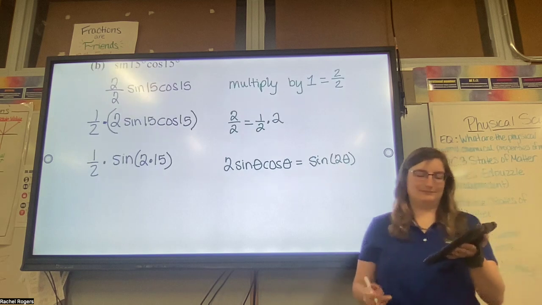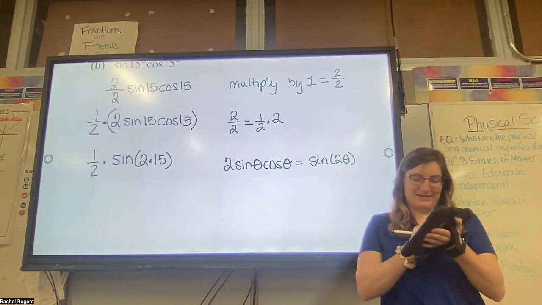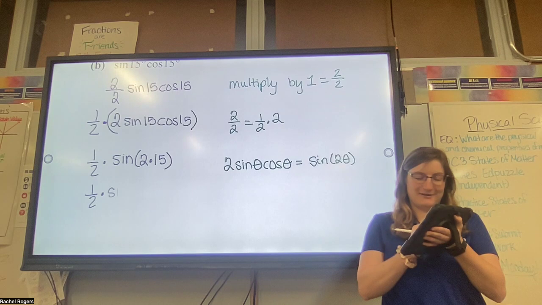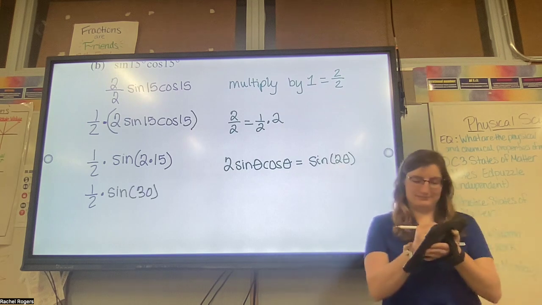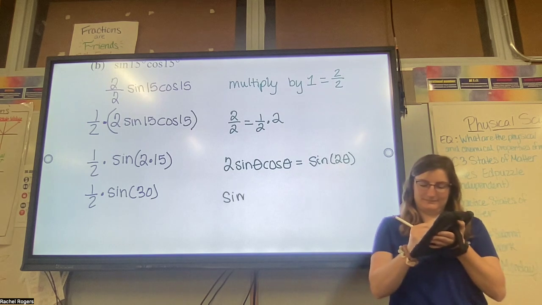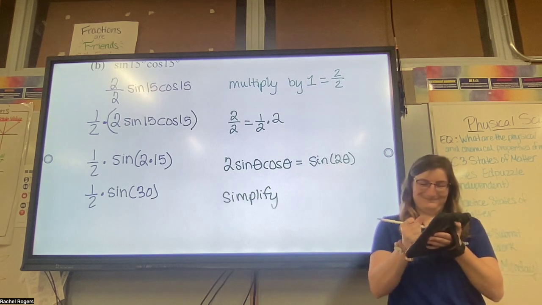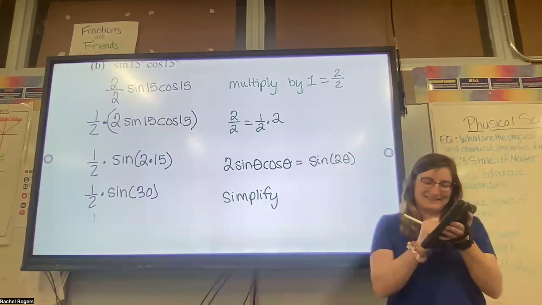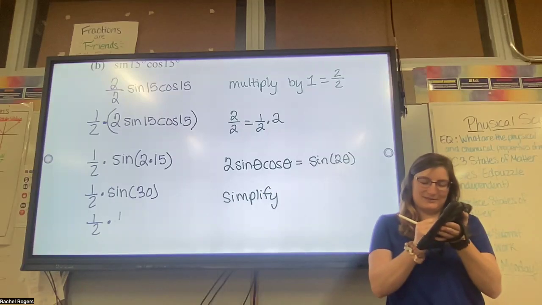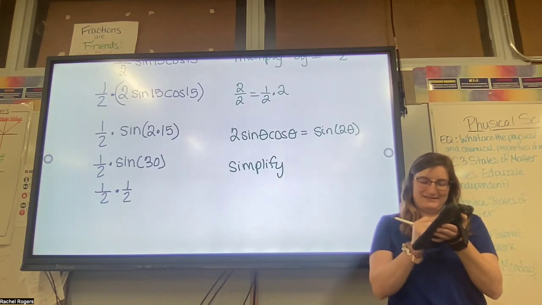Wait, so would it be 1/2 times sine of 30? What is the sine of 30? 1/2. So 1/2 times 1/2, which is 1/4.